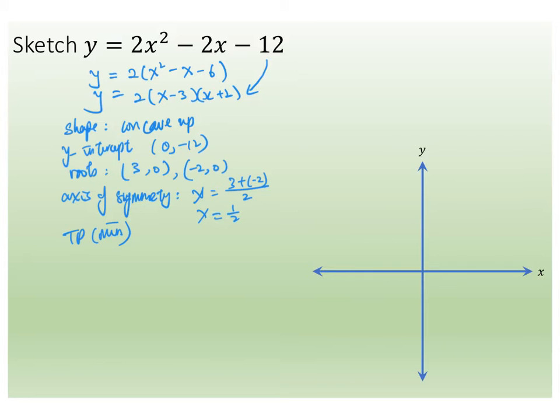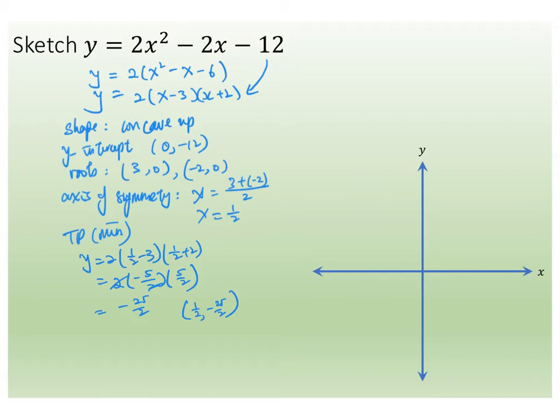So you know that y equals 2, half minus 3, half plus 2. Half minus 3 is minus 5 over 2. Half plus 2 is 5 over 2, which gives minus 25 over 2. So the turning point is half, minus 25 over 2.